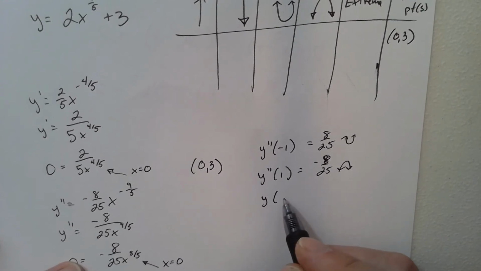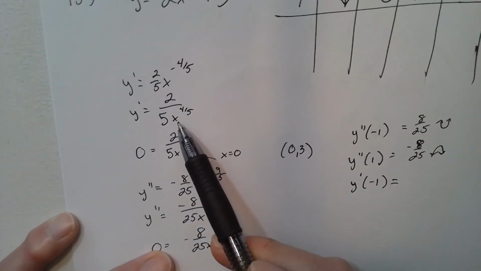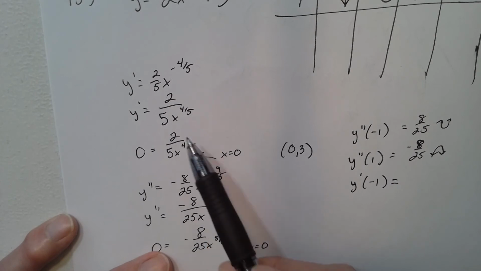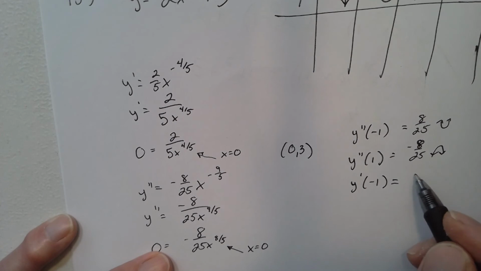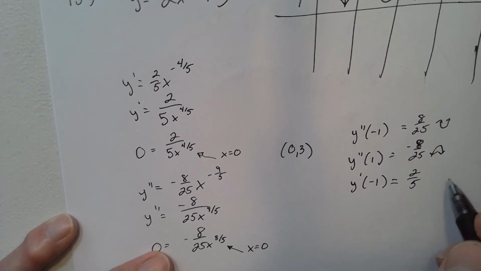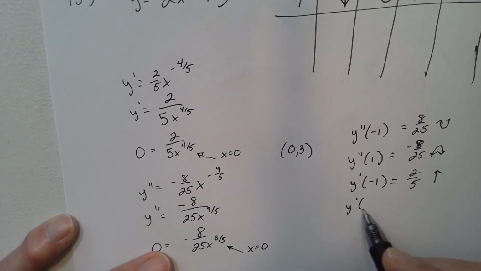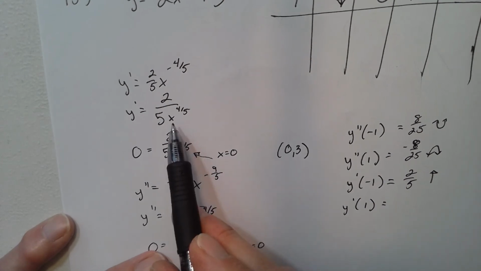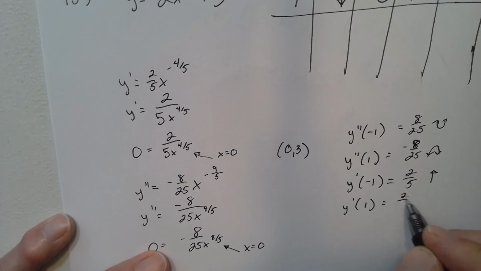I'll just plug in y prime of negative 1, plug it into our first derivative. If I plug negative 1 in, that's going to make it positive 2/5. So that means it's increasing at negative 1. And then y prime of 1, if I plug it in, I get positive 2/5. So it is also increasing at 1.